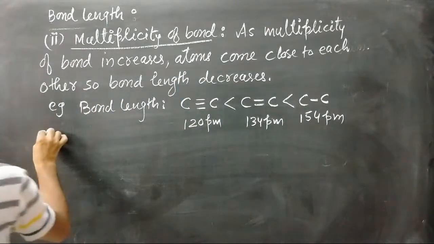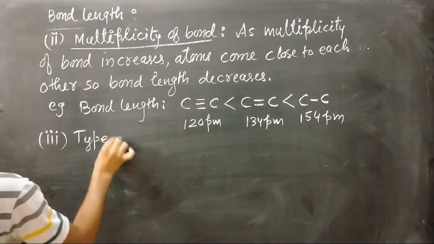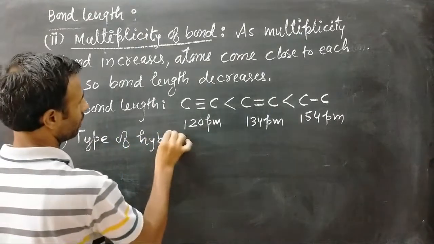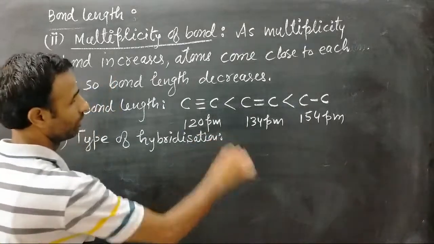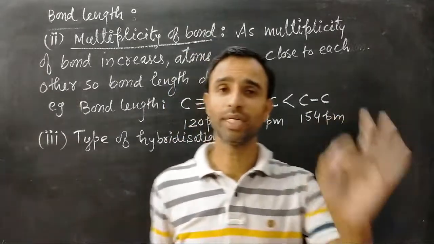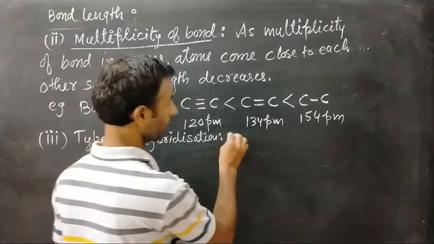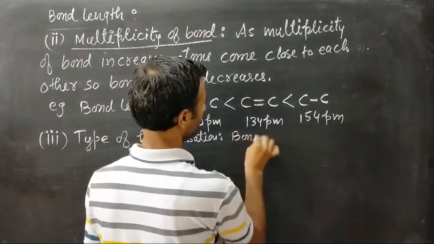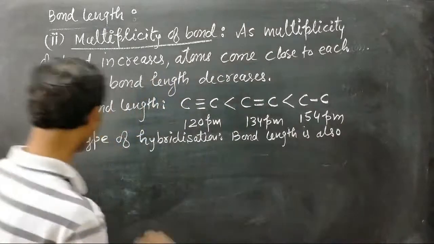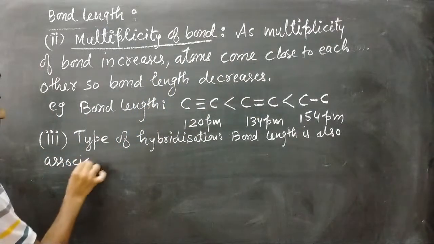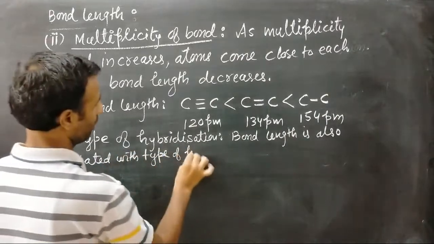Okay, now third point: type of hybridization. So tell me, SPDF. Out of SPDF, which one is closest to the nucleus? Keep in mind, bond length is also associated with type of hybridization.